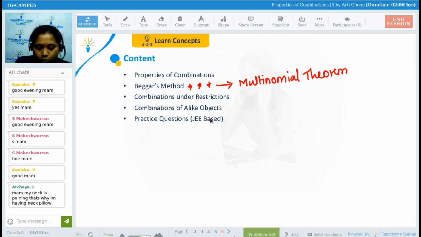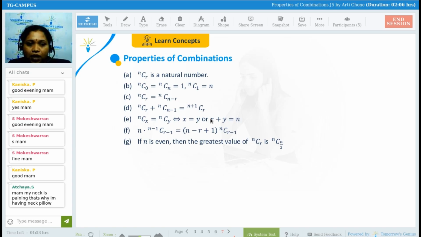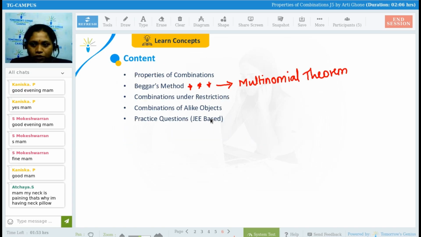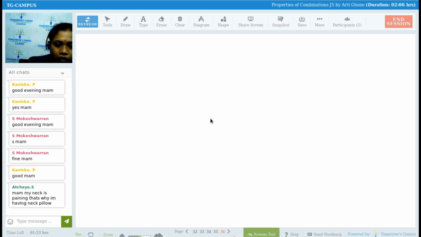Next is practice questions. Combinations of alike objects is also very important. Now, before going to the properties of combinations, let me first teach you combinations very briefly, which is required. Does anyone know combinations? It was already told to you along with permutations, because we have a difference between permutations and combinations.